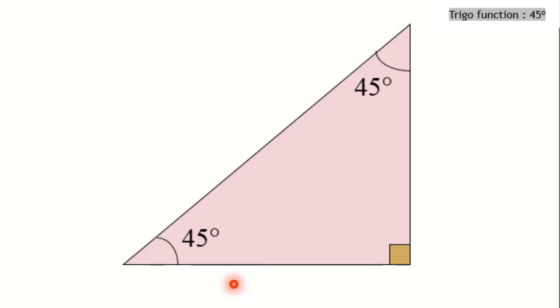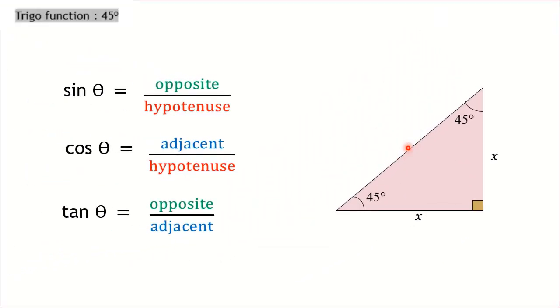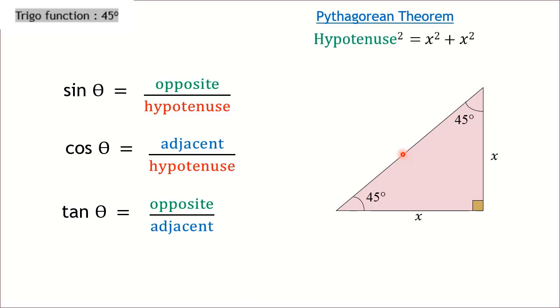So let's say one of the sides is x and here should be equivalent to x, and to find the length of the hypotenuse here, you may use the Pythagorean theorem. So we have the hypotenuse squared equal to x squared plus x squared, so we take the square root of both sides, so we have the length of the hypotenuse as the square root of 2x squared, so we have the square root of 2 x.